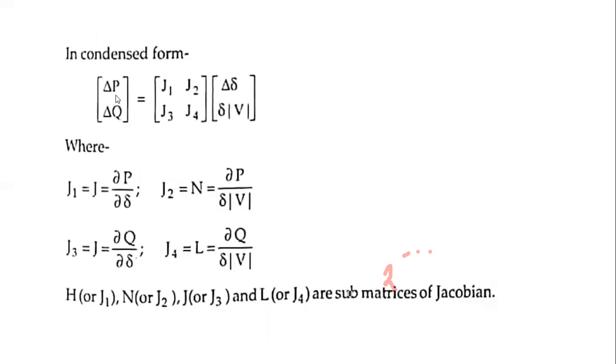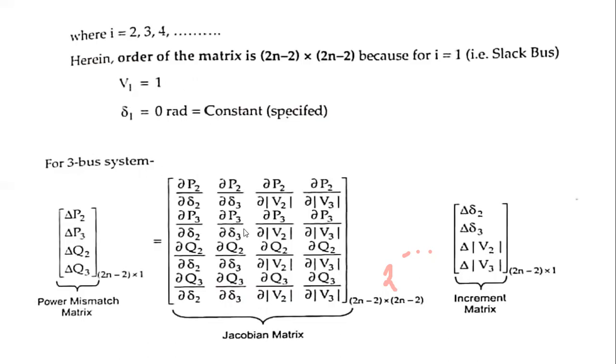Then it can be considered as delta P, delta Q equal to J1, J2, J3, J4 times delta delta, delta V. Okay, this block will be taken as J1, and this term we are taking as J2.